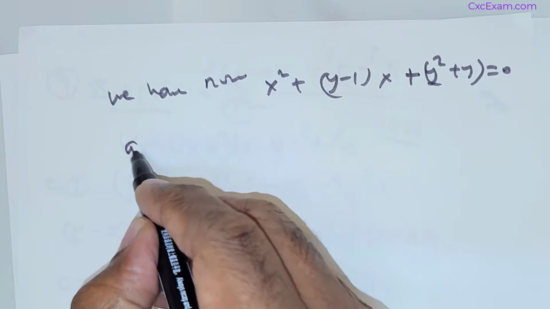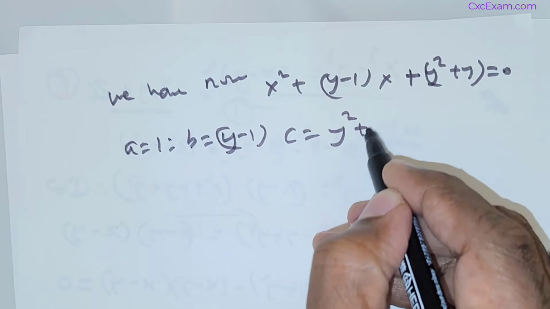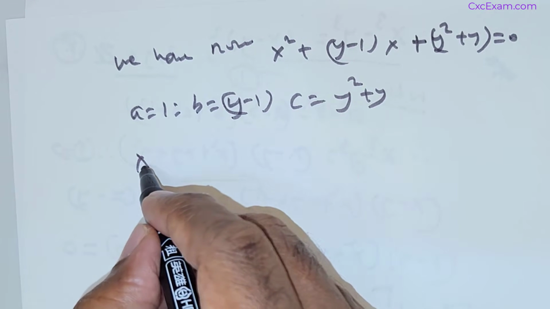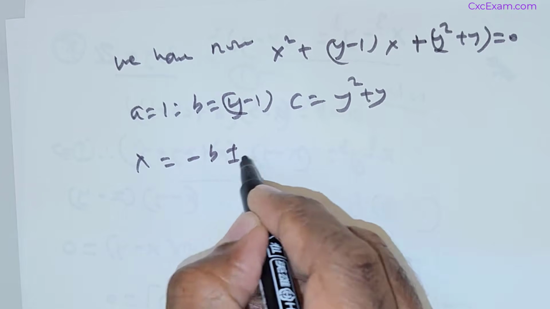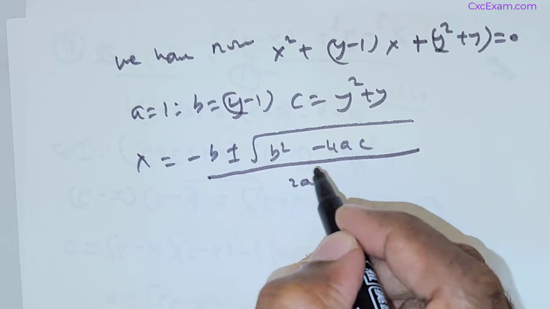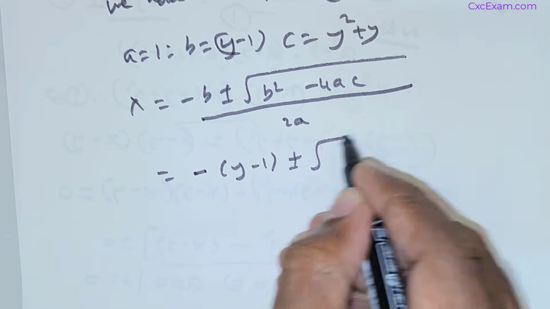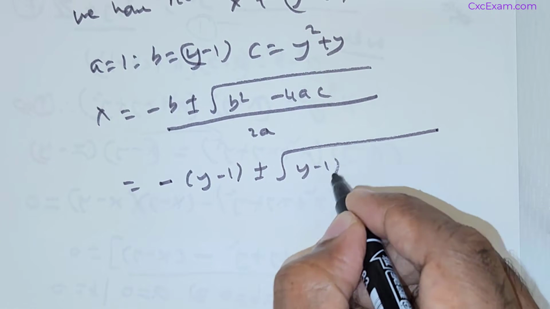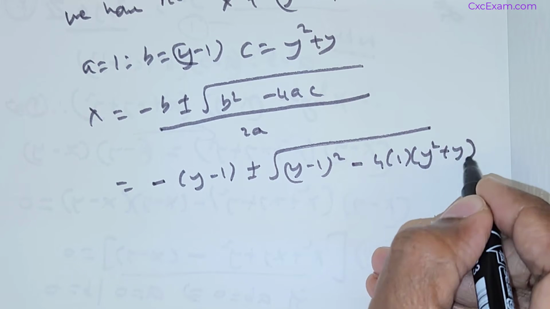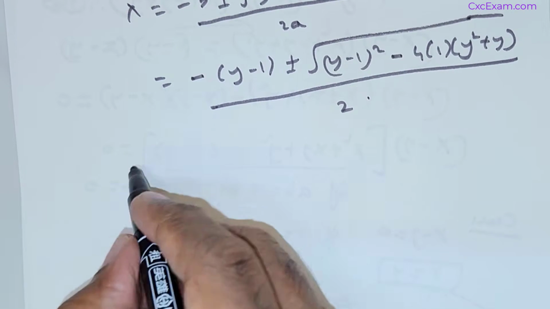Now taking a is equal to 1, b is equal to y minus 1 and c is equal to y squared plus y, and utilizing the quadratic formula, x is equal to minus b plus or minus root of b squared minus 4ac divided by 2a, we get minus (y minus 1) plus or minus root of (y minus 1) the whole squared minus 4 times a times c, which is y squared plus y, divided by 2 times a, that's 1.